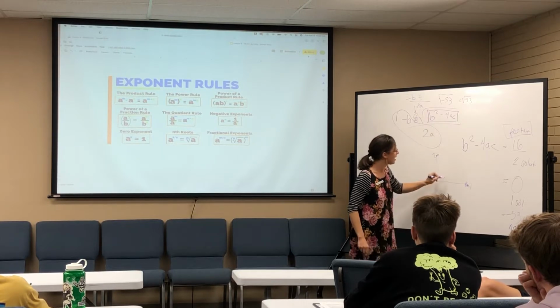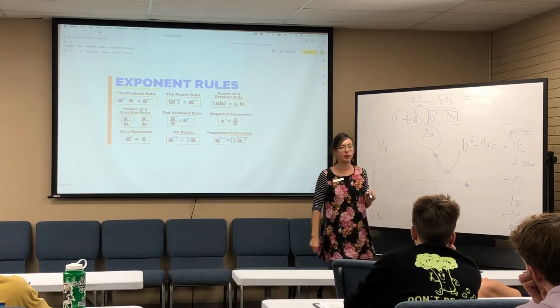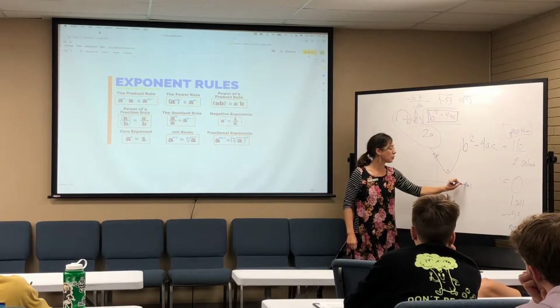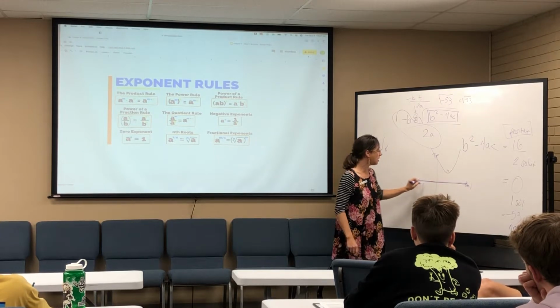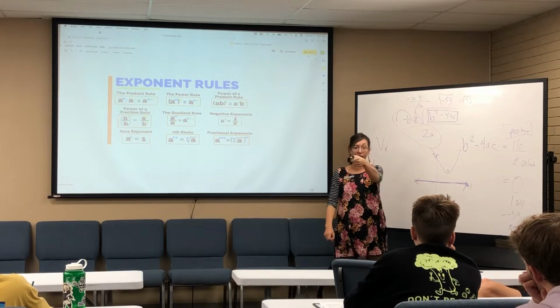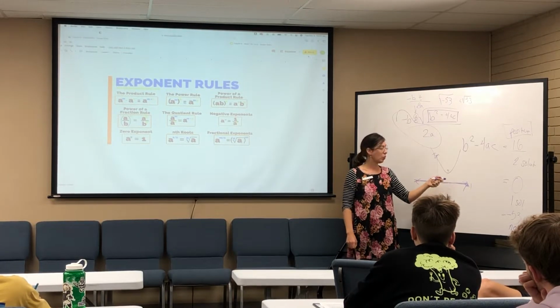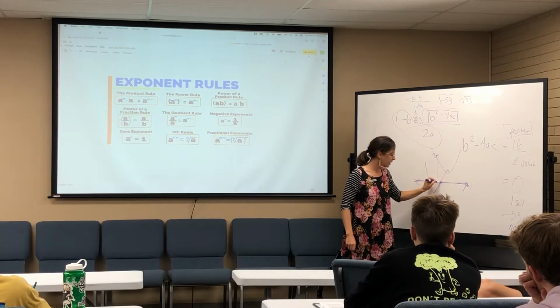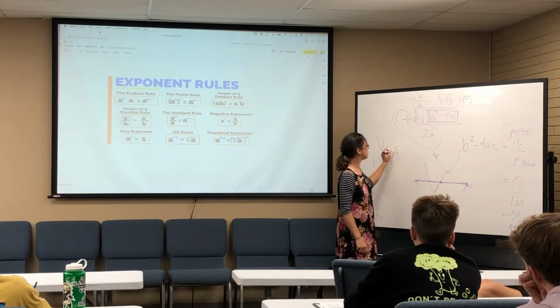So since I have an i value, it's moved up. That means my parabola is somewhere in space. And the reason it has no real solutions is because solutions are equal to what? x. Solutions are only points where it crosses the x-axis. That's what solutions are.